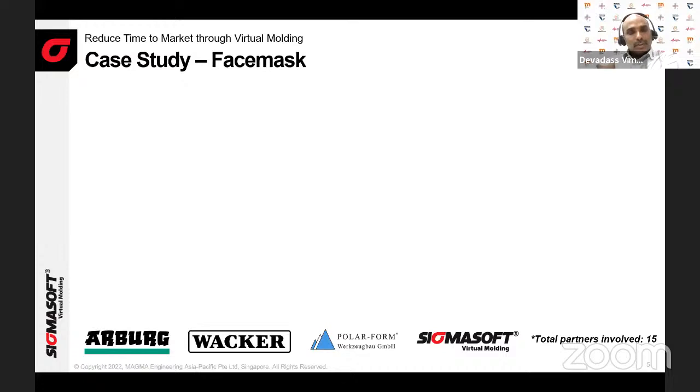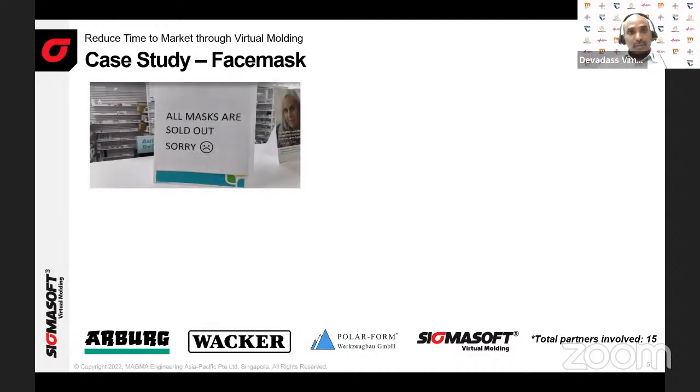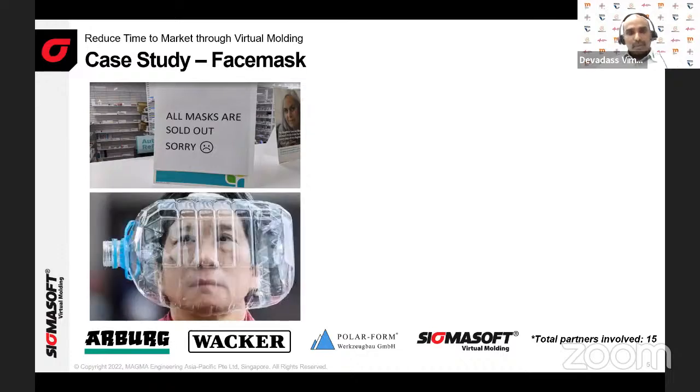Before that, I would like to introduce our partners like Arburg, Wacker, Polarform, and EVCon. These partners and we worked together during the COVID pandemic to produce masks for our people, since we faced a shortage of masks at that time. In a short time, we decided to take this project because a lot of people died because of the shortage of face masks.